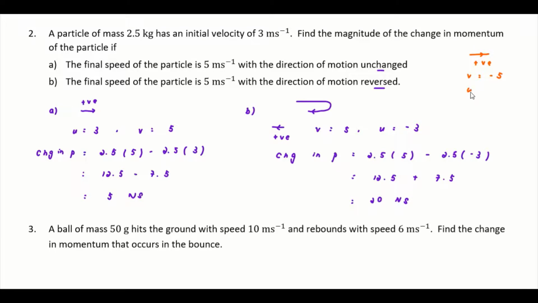Then your u will be 3. When you solve it, you will get 2.5 times negative 5 minus 2.5 times 3. So you are still getting negative 12.5 minus 7.5, and that will give us negative 20 newton seconds. So it's actually just the same thing.